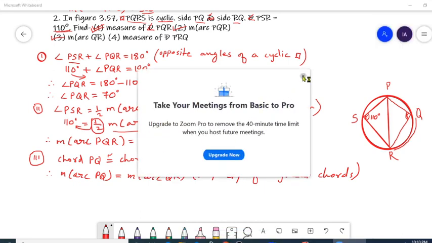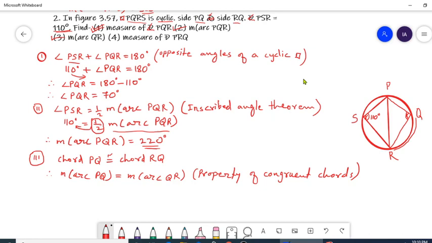Now here I can say major arc QR. Look, PQ and QR both are equal. So major arc QR is half of major arc PQR. Half of 220 is 110 degrees.